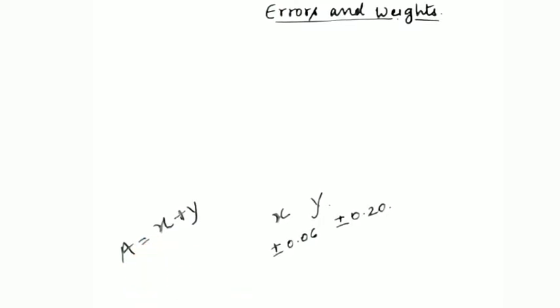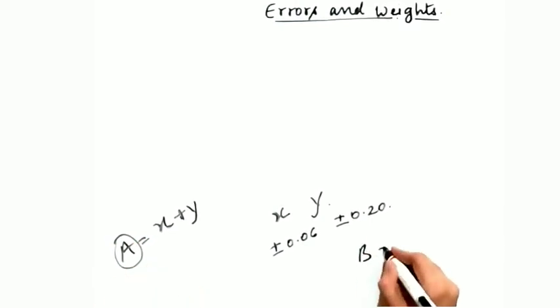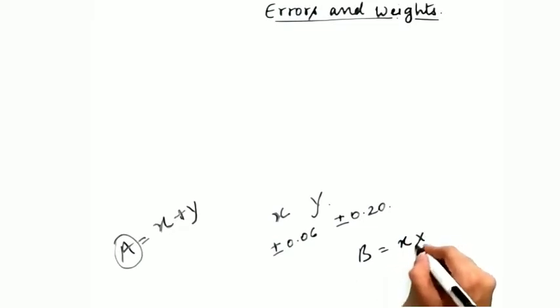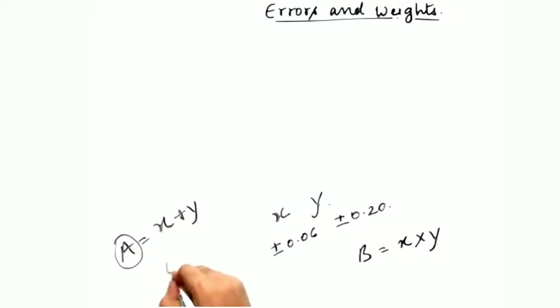Then if I ask you what is the error associated with A, there will be a trick to solve this. Similarly, if I ask you what is the error associated with B, you will calculate in this fashion. Similarly, for C, you will have to calculate in a different manner.